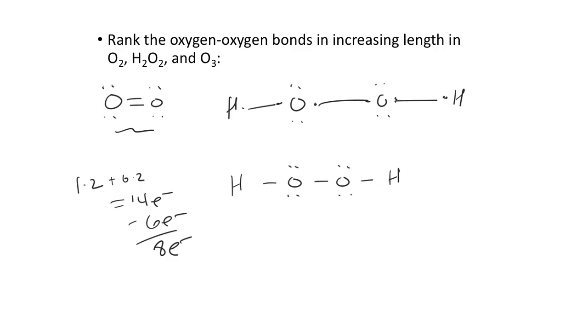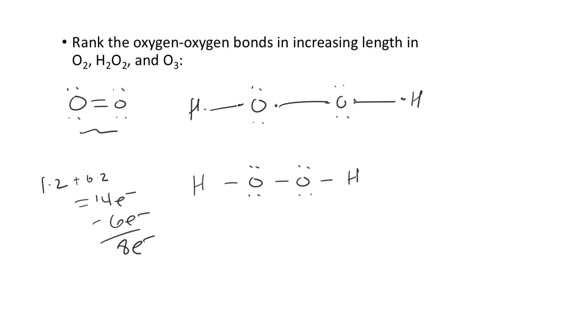And then lastly for O3, one of the oxygens has to be the central, the other 2 are attached. If you remember, our Lewis structure kind of started like this, and then oxygen has 6, so 6 times 3 is 18 electrons. So far, we've only distributed 16 electrons, leaving 2 behind to go onto oxygen.